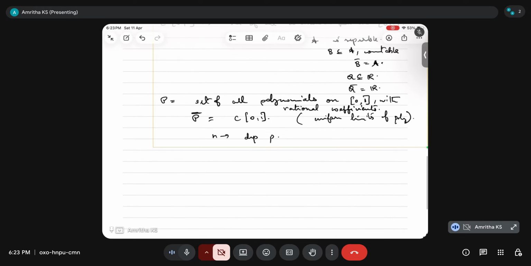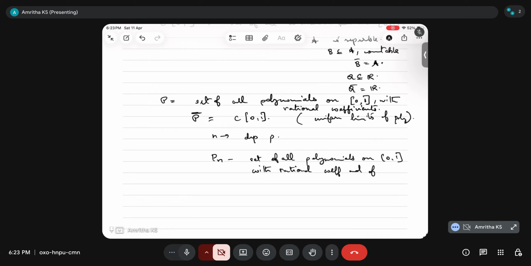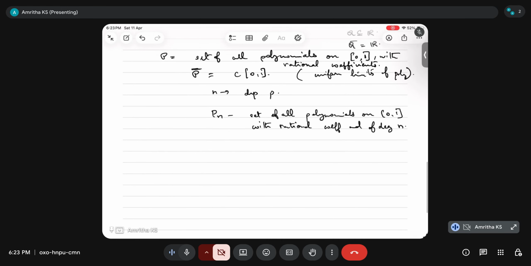Then suppose I take Pn to be the set of all polynomials on [0,1] with rational coefficients and of degree n. Then I would show that this set is countable.